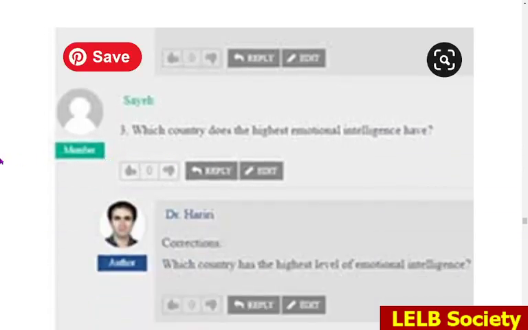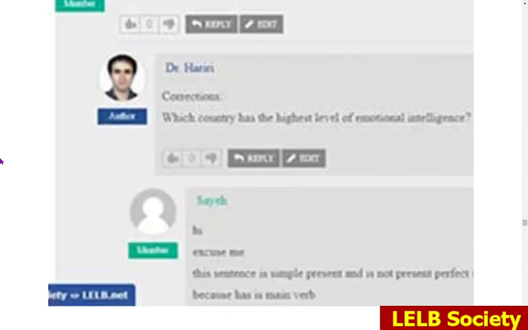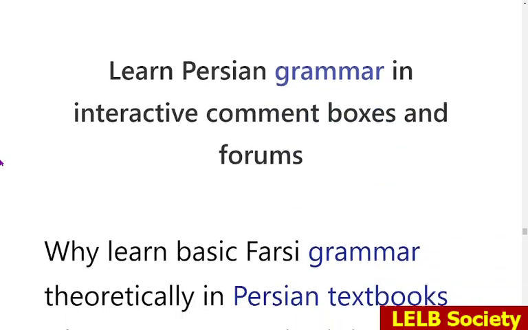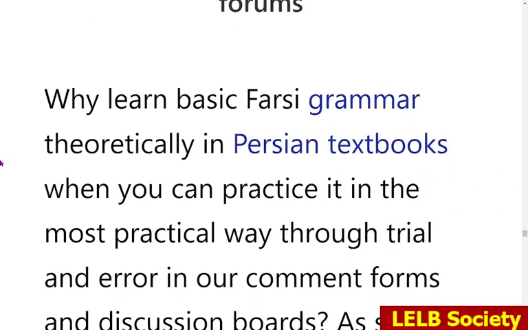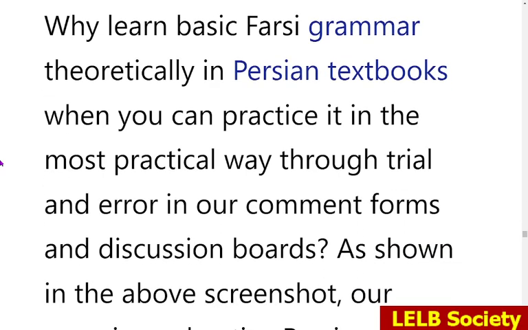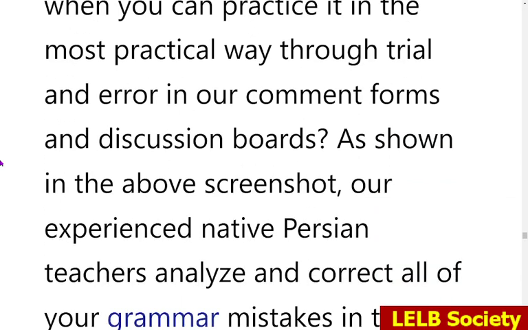Here is the screenshot of what is going on in our asynchronous channels of communication, and that makes the best opportunity for you to learn Farsi and learn basic Farsi grammar interactively and practically. Why learn basic Farsi grammar theoretically in Persian textbooks when you can practice it in the most practical way through trial and error in our common forums and discussion boards?